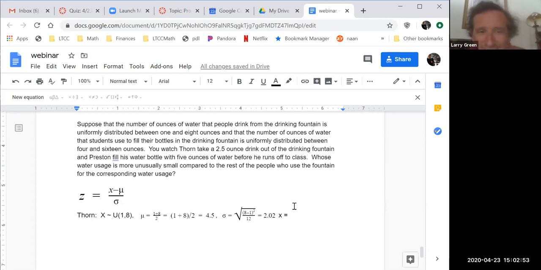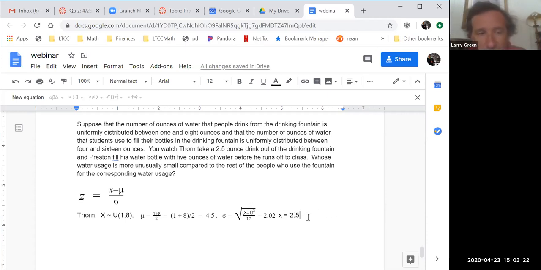It's the only visible number. So what's x in this case? Yeah, 2.5, because it says Thorn took out a 2.5 ounce drink out of the drinking fountain. So 2.5.